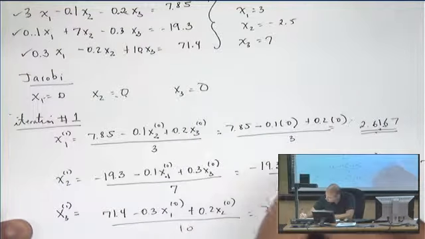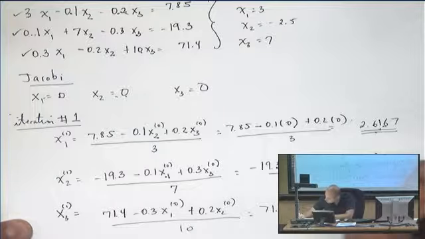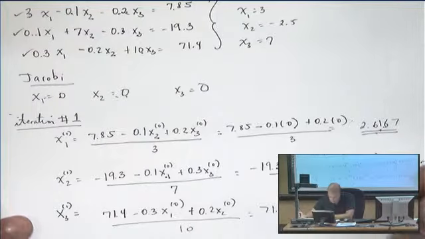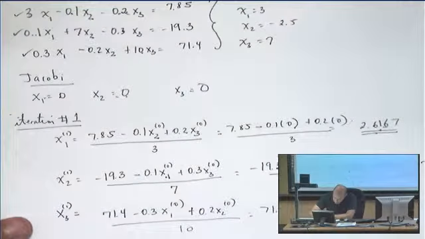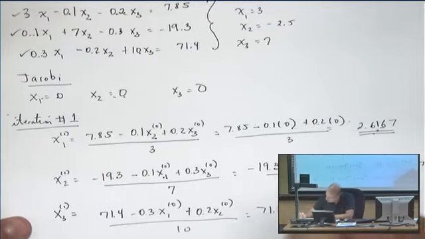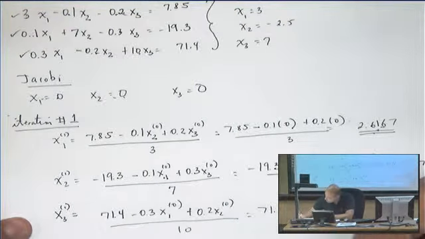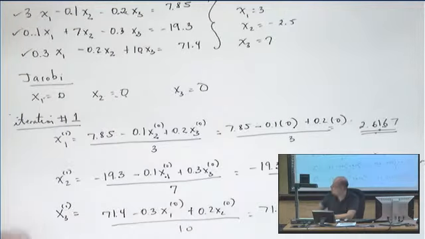If I put that in, I get 71.4 minus 0.3 times 0 plus 0.2 times 0, which is 7.14.